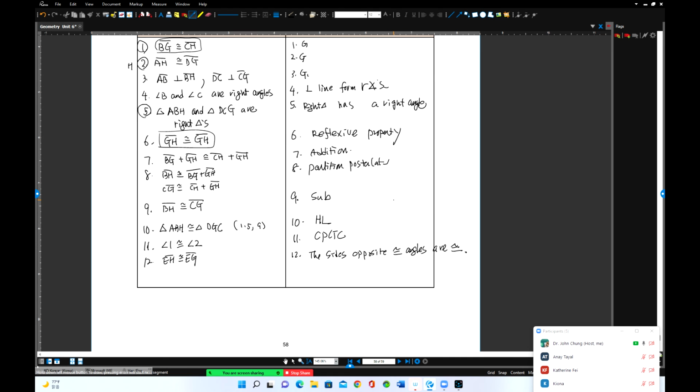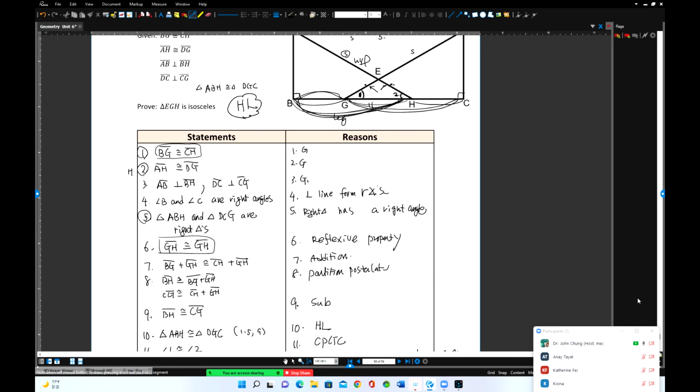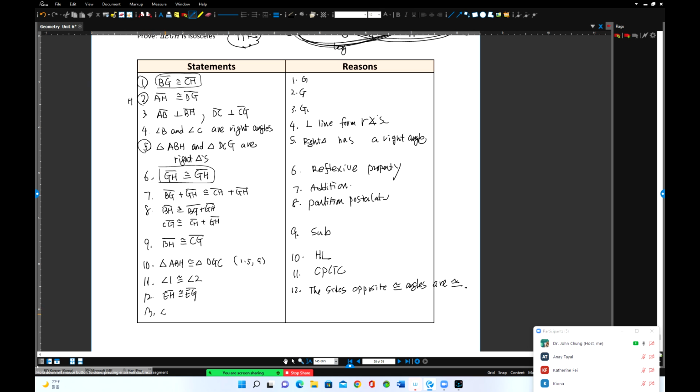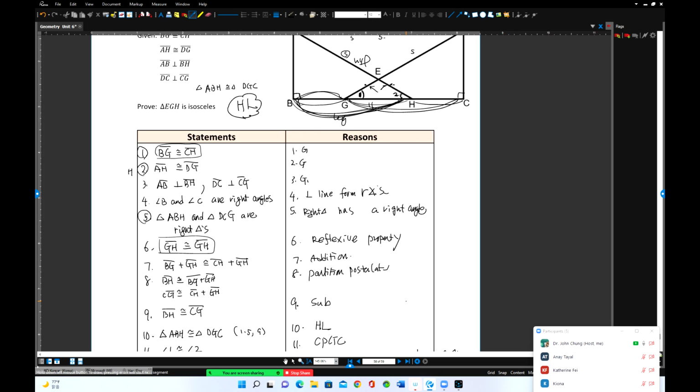Using this one, we can say triangle EGH is isosceles. The reason is what? An isosceles triangle has congruent sides. That's why that triangle is isosceles. Okay, that's your perfect solution for these questions.